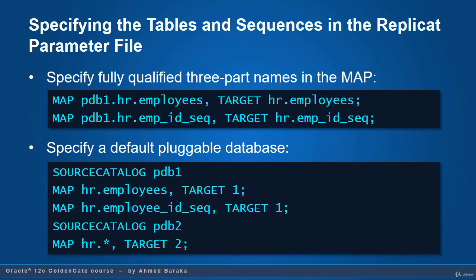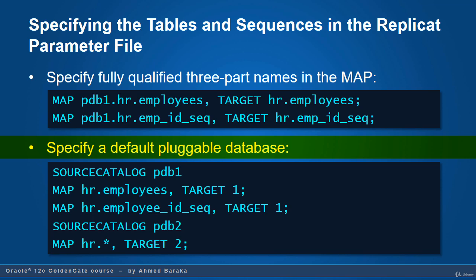At the destination side, the replicate is connected to a single PDB, so it knows to which PDB the transactions should be applied. For this reason, in the replicate parameter file, we only need to specify the schema.object name in the target portion of the map statements.